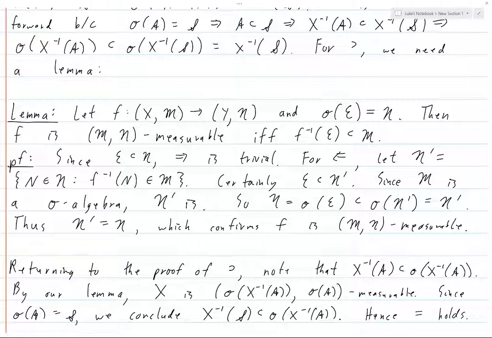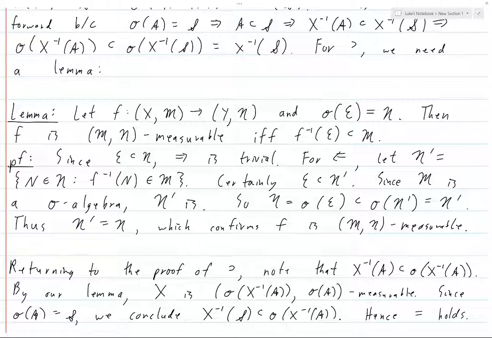So you take this element S and break it up into how it's constructed from A, and then you take the inverse image of this entire formula. When you do, you're able to bring the X inverse inside all of the set operations, because set operations behave nicely with inverse images.